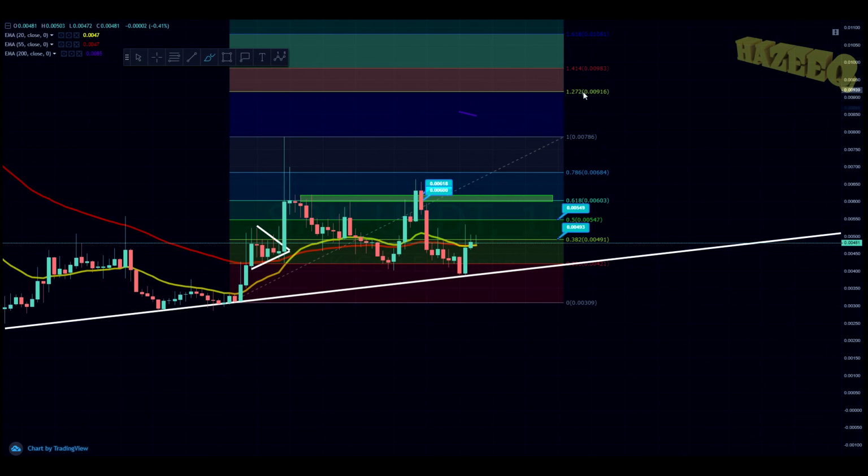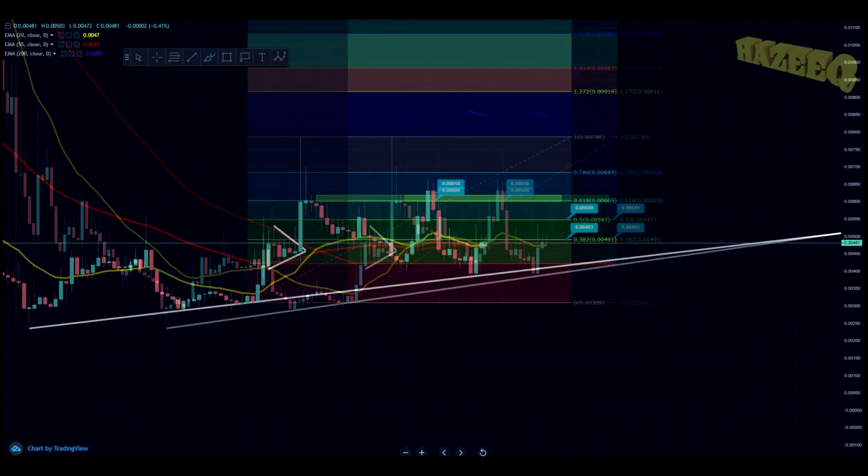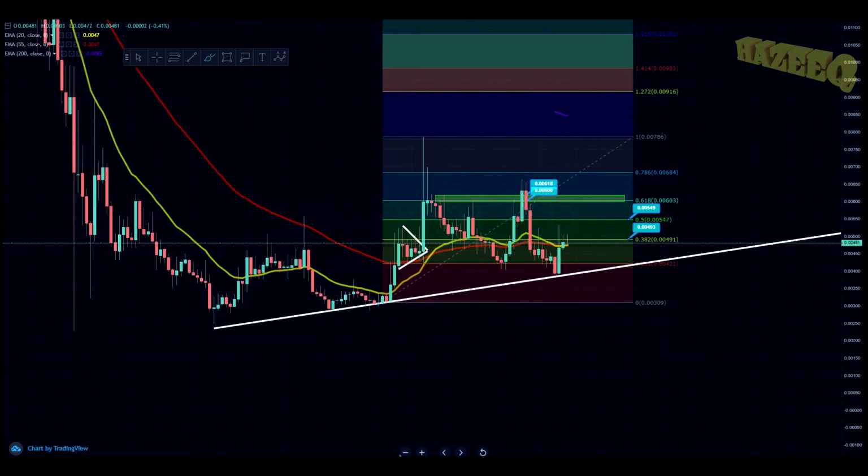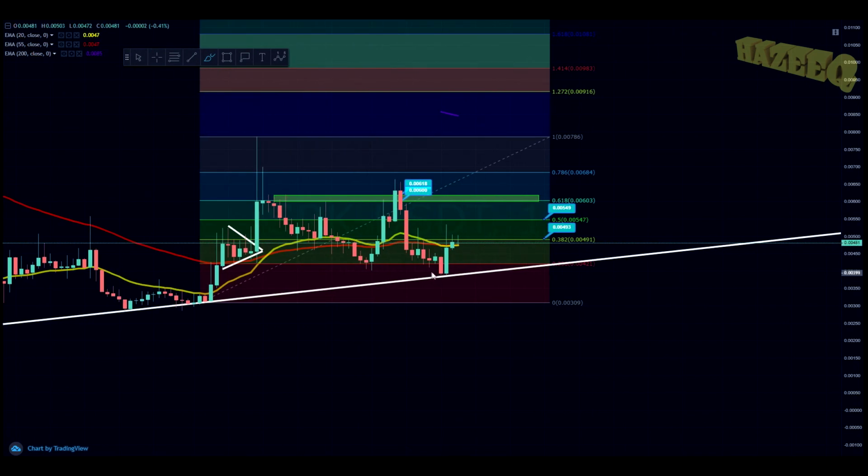So this 1.272 Fibonacci level is our target after we break this high. Okay, we need to break this high. Otherwise, as you can see, we're making higher lows each time. Okay, so this is starting to turn into a downtrend very soon, especially if we lose this trend line over here on the daily chart. So keep that in mind.